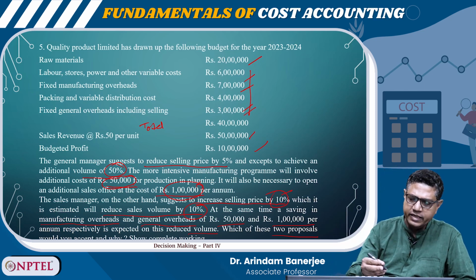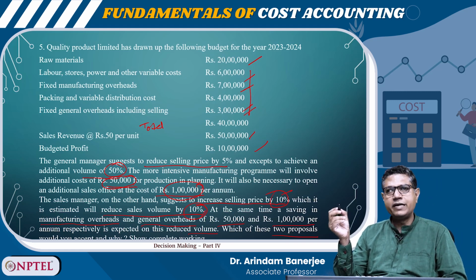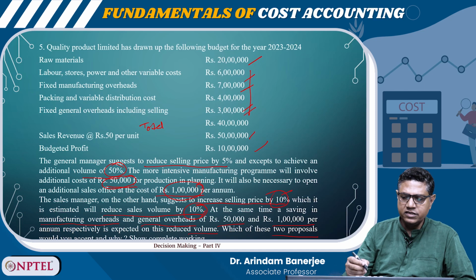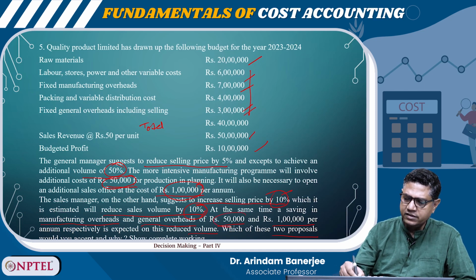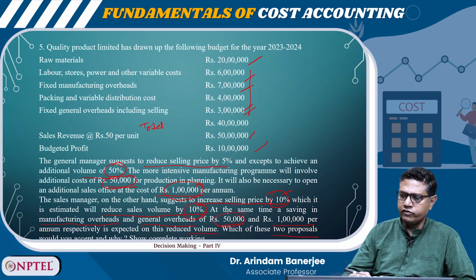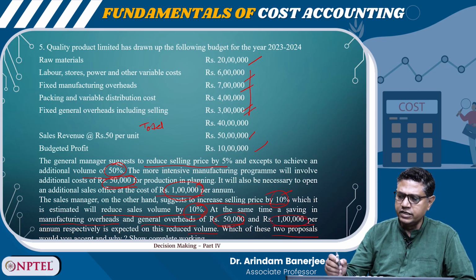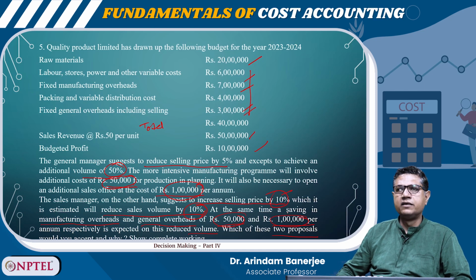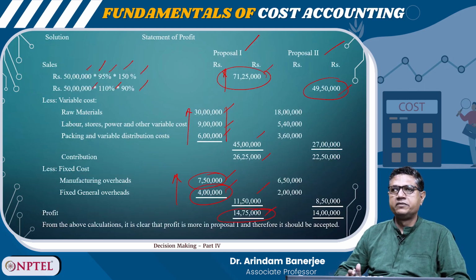So, it is expecting a reduced sale volume by 10%. But at the same time it will save in cost. It will save 50,000 in manufacturing overhead and 1 lakh in general overhead. So, these two savings are expected to happen.